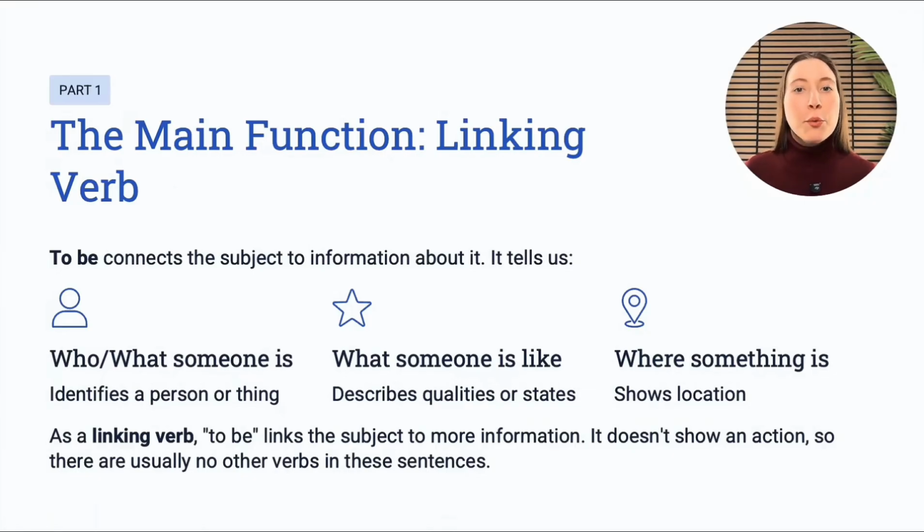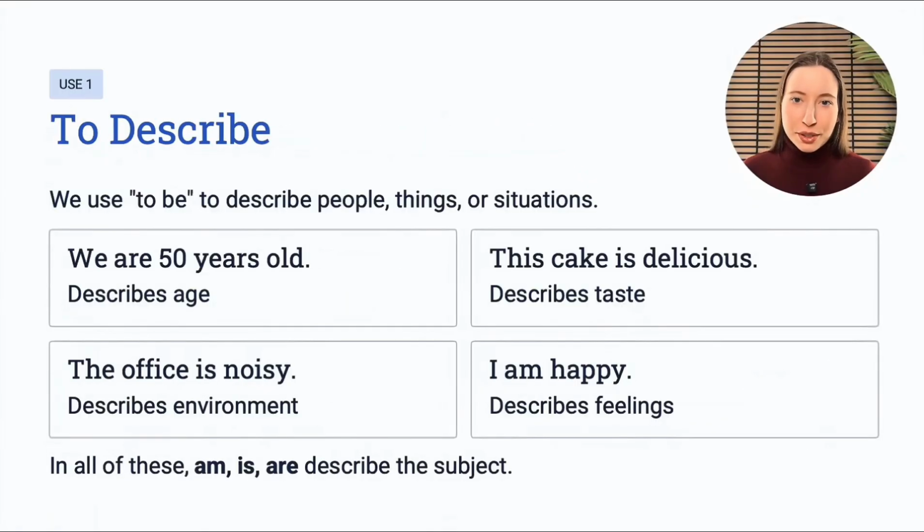More specifically, we use it to describe, identify, or locate. In English grammar, this is called a linking verb because it links the subject to more information about the subject. It doesn't usually show an action, so in these kinds of sentences, there are usually no other verbs. Now let's take a closer look at each one of these uses.